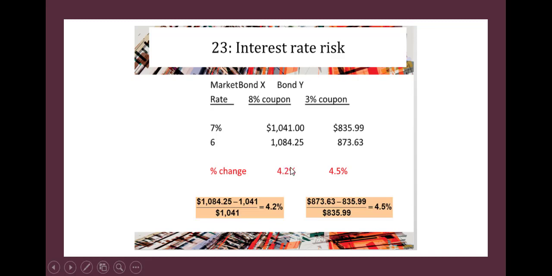This tells you that low coupon bonds are more interest rate sensitive than high coupon bonds. So the percentage change in the bond price is more in low coupon bonds than high coupon bonds.